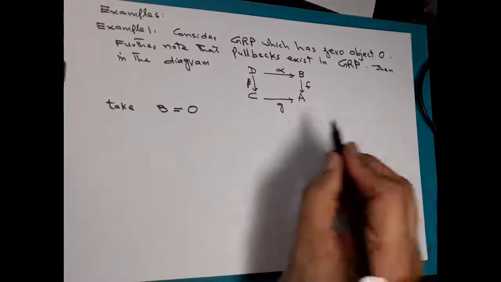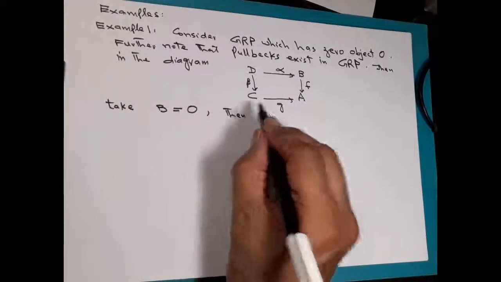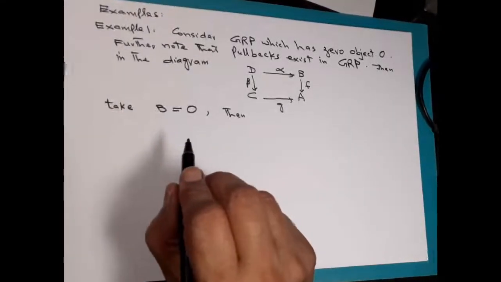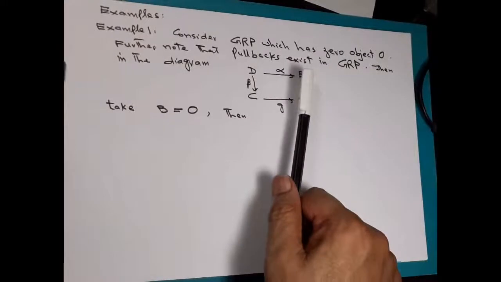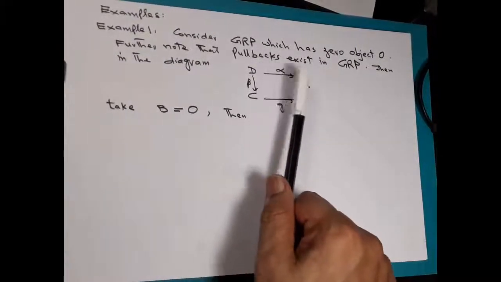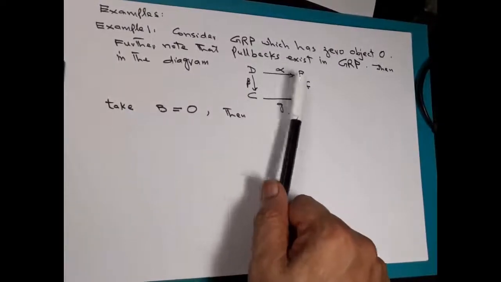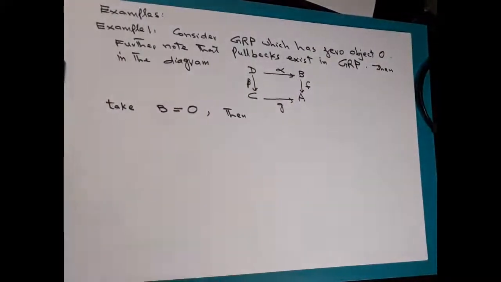So then now you have to revisit your previous notes, or you have to revisit the books you have with you, that if B is zero object, then these two maps alpha and beta are just obvious maps. You know what zero object means, and then you can see what these two maps are going to be.